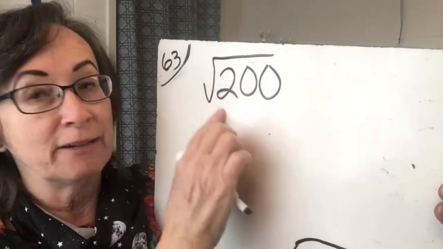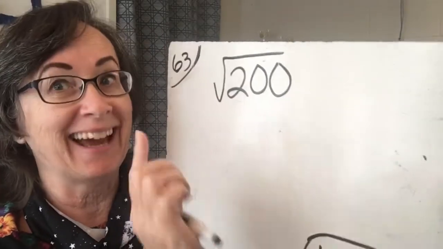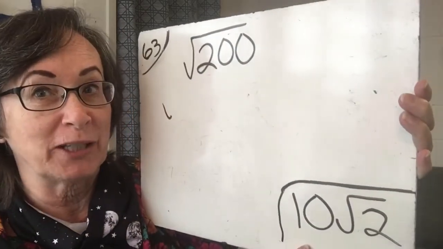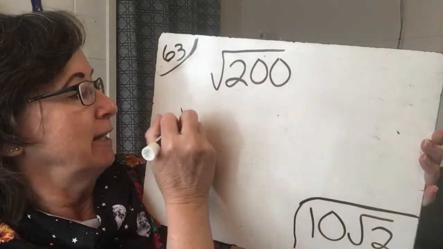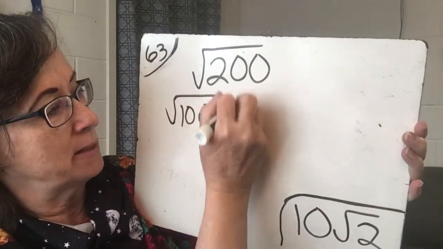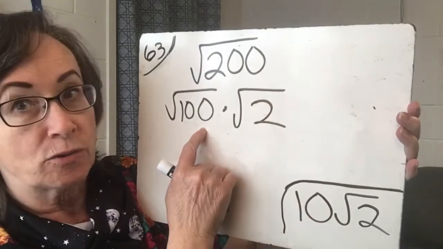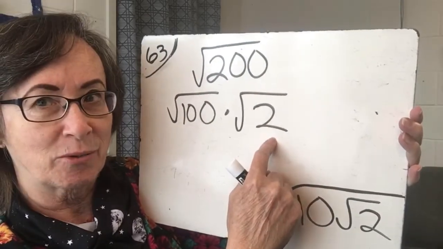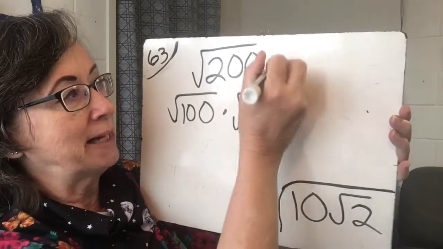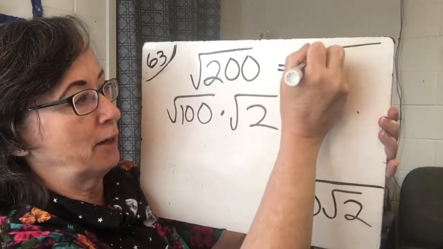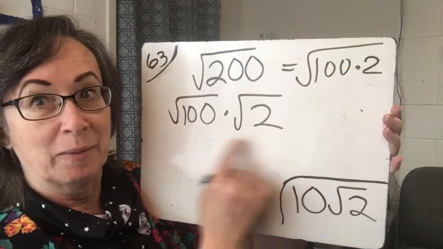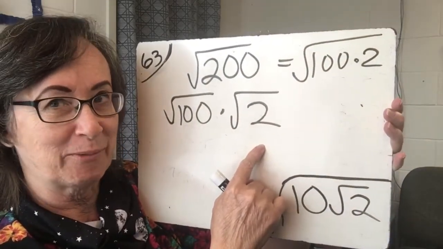Now, we're going to do the square root of 200 the other way. This was the old answer we just got. I'm going to split 200 into a perfect square times what's left over. Square root of 100 times the square root of 2 is the square root of 200, because we could have just split it up underneath, but our rule tells us that we can break it out into two separate radicals.